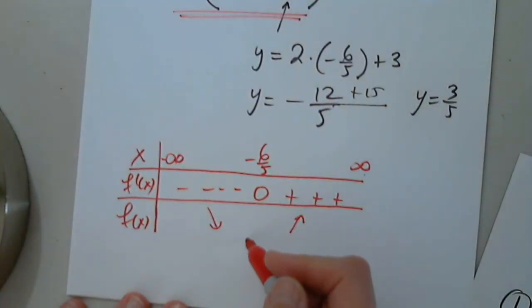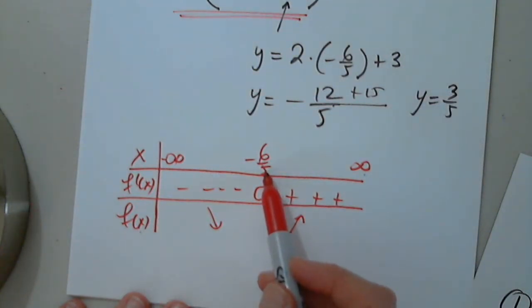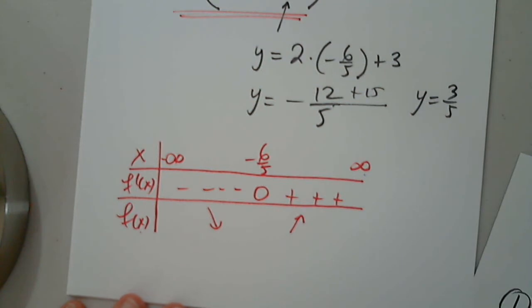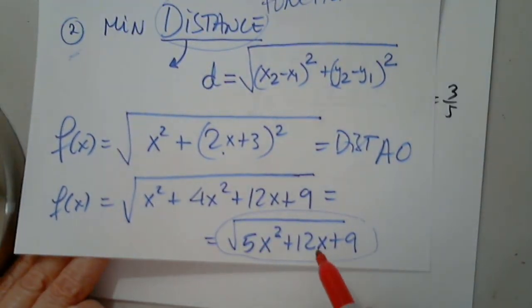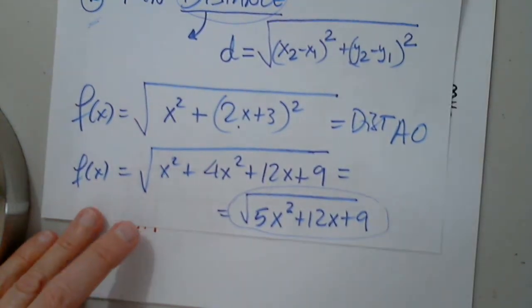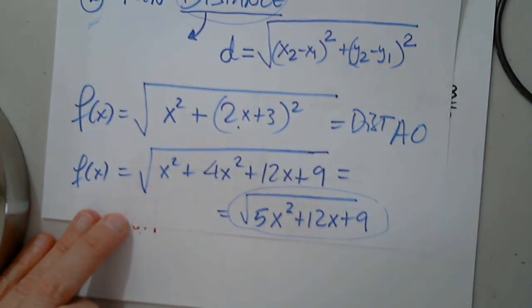If I'm asked to find the distance, in the function I have to plug in negative 6/5. In the distance function, in here, this is the distance function. Let's plug it in. So I have y equals the square root of 5x squared... I prefer this.